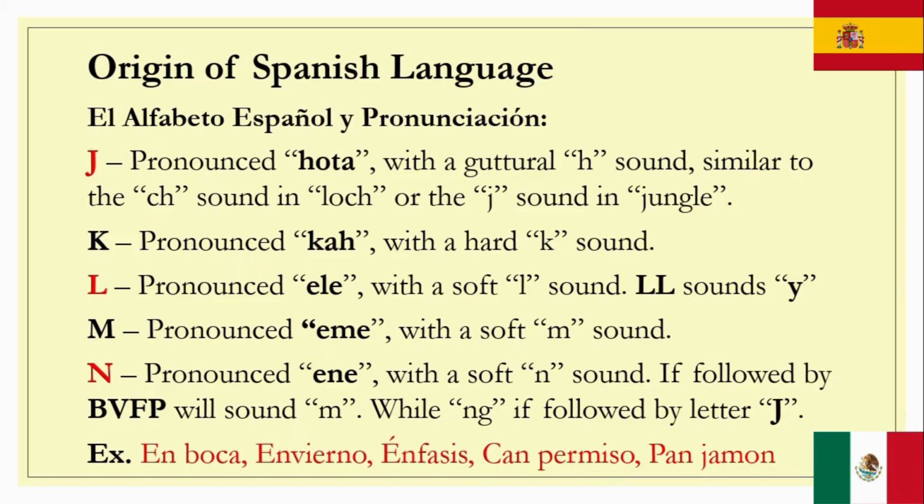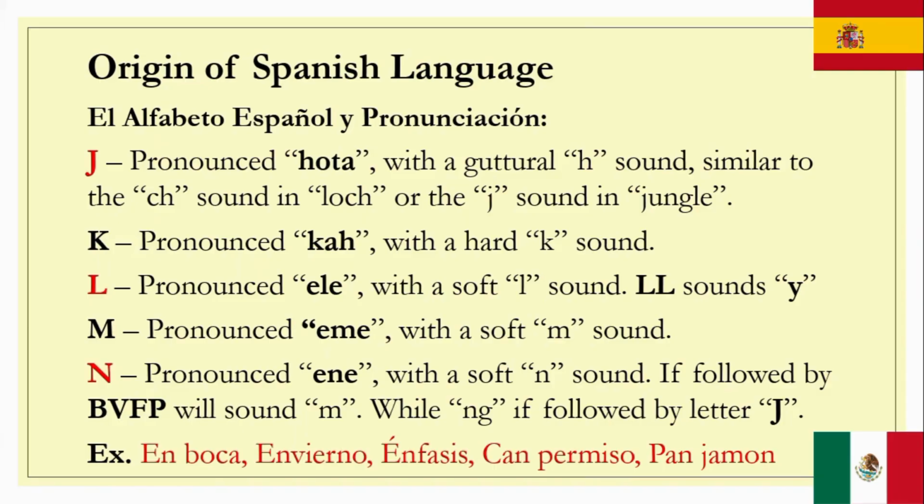The reason why we pronounce it M if it is followed by B, V, F, P, is for the purpose of pronunciation and how we listen to it. For example, we have embuka. We don't say it enbuka, but we say it embuka.